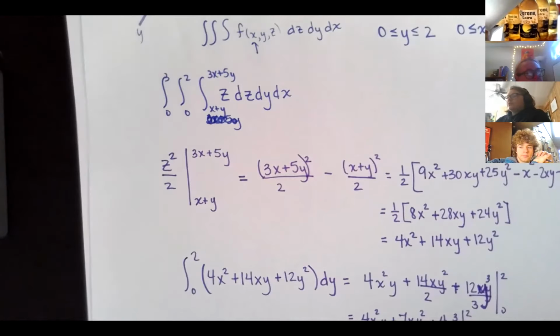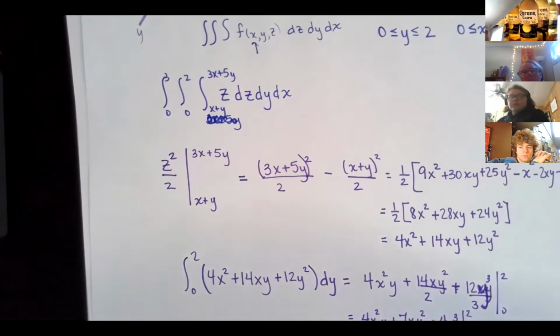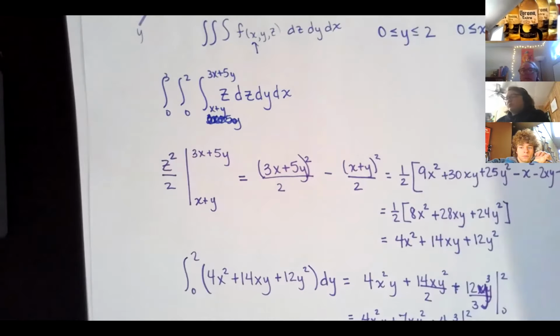The syllabus says we're not doing 15.6, but I think the Jacobian is kind of a neat application. It's talking about how areas change as you're warping or projecting them onto different surfaces, so it helps you understand. What's in 16 and 17? 16 is going to be vector fields.